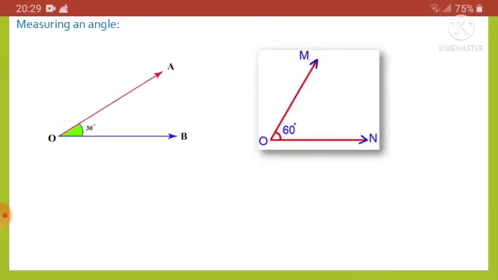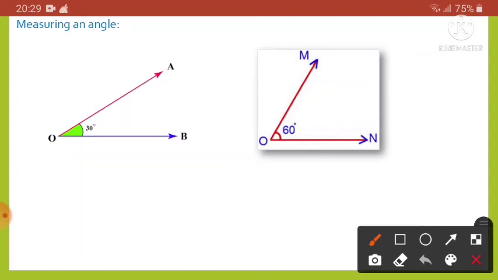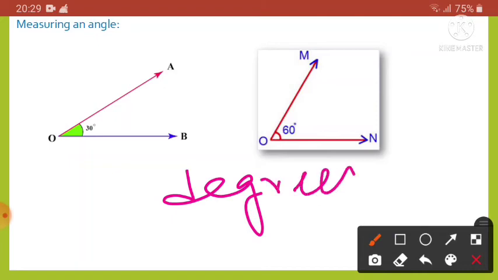Next is measuring an angle. An angle is measured in degrees. The symbol for degree you can write this way. The number of degrees of an angle is called its measure.